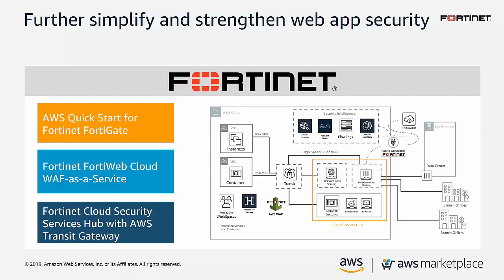A Quick Start essentially is a set of CloudFormation templates which automate the deployment of services and infrastructure in AWS. So if you want to know how to deploy FortiGate in a secure fashion across multiple availability zones, configure all the network rules correctly, have FortiGate acting as a NAT gateway as an example, and turn on auto scaling, the Quick Start is a place to go where you get code that deploys that for you.